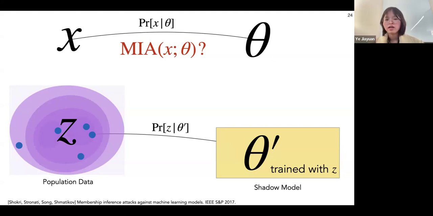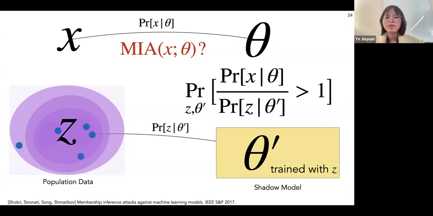Then on this shadow model and population data, one can observe the patterns of probability of Z given theta for this population data and shadow model. This gives us a comparison baseline to say what this P of X given theta should be in a non-member world.